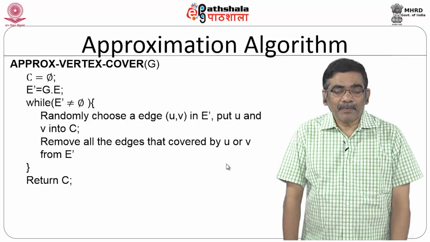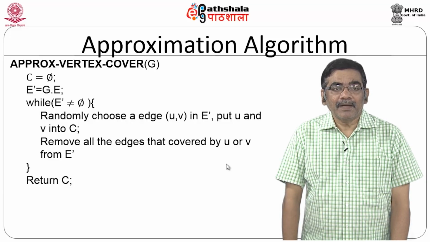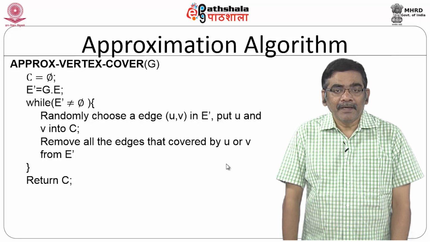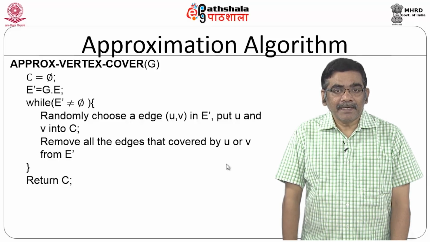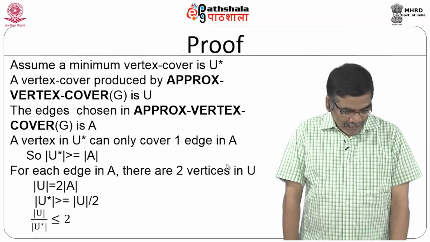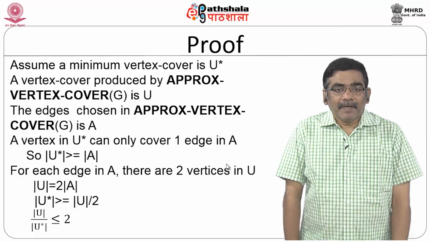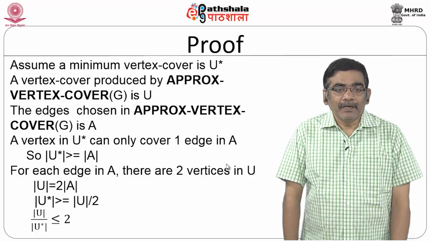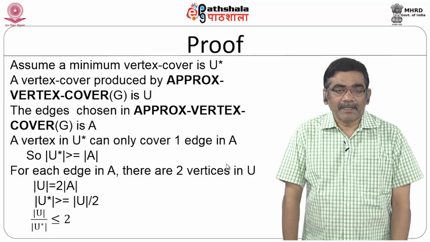Once I put that edge, I remove all the edges that are covered by u comma v from E prime. This process I will continue till all the edges are considered. Finally, I return this cover C. This algorithm we call a two approximation algorithm, where the approximation ratio is 2.